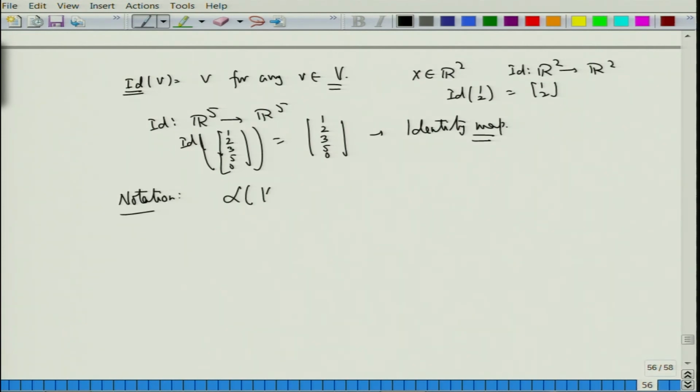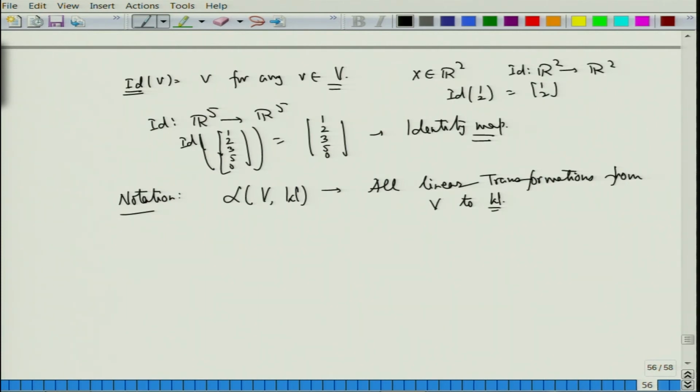I think I have forgotten the notation related to L of V, W. This was all linear transformations from the vector space V to W, fine.